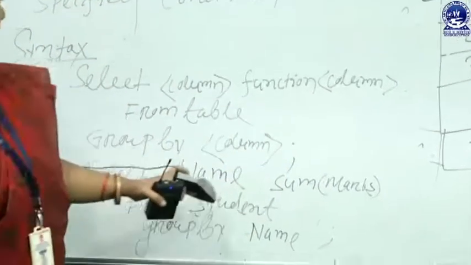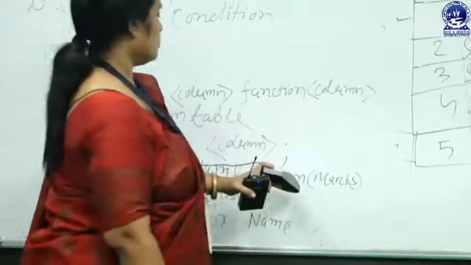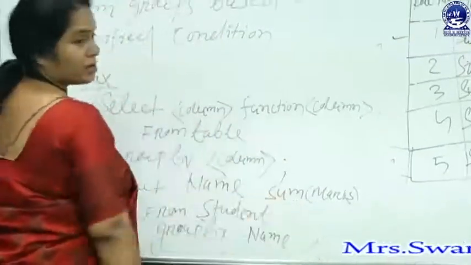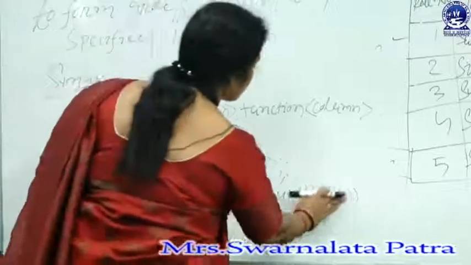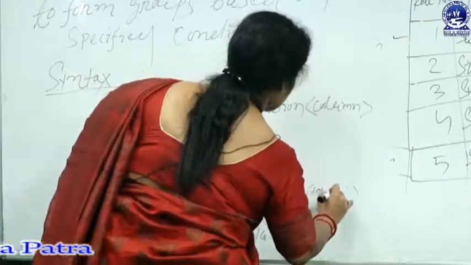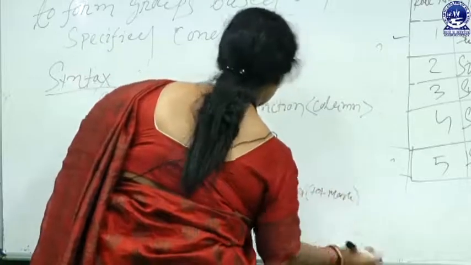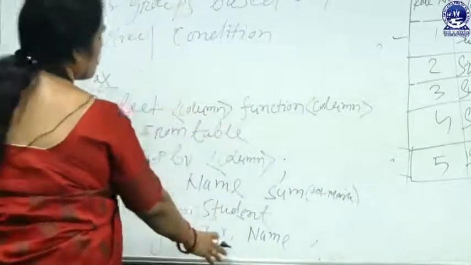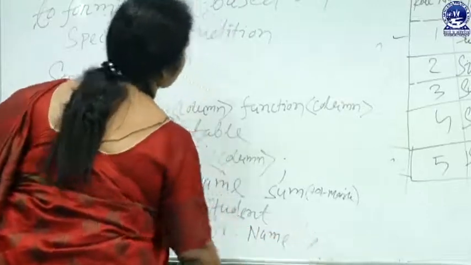Then select name, and suppose here I use a function named sum. Suppose I want the sum of total mark from student group by name, semicolon.